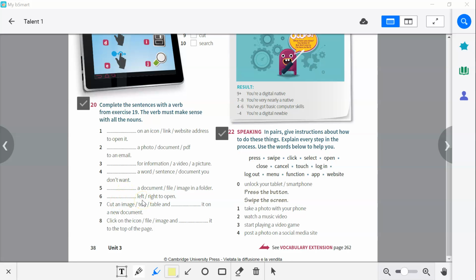Then left or right to open, and the verb is swipe. Cut an image, text, table, and it on a new document, so it is paste. Click on the icon, file, image, and in the top of the page, and drag in the top of the page.